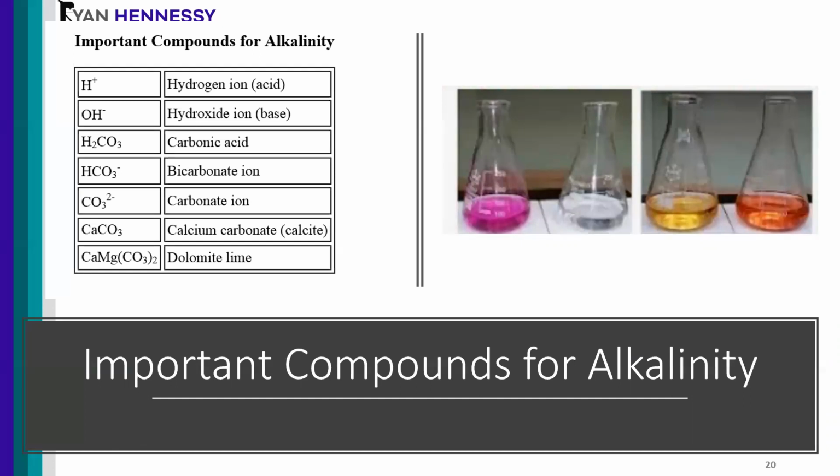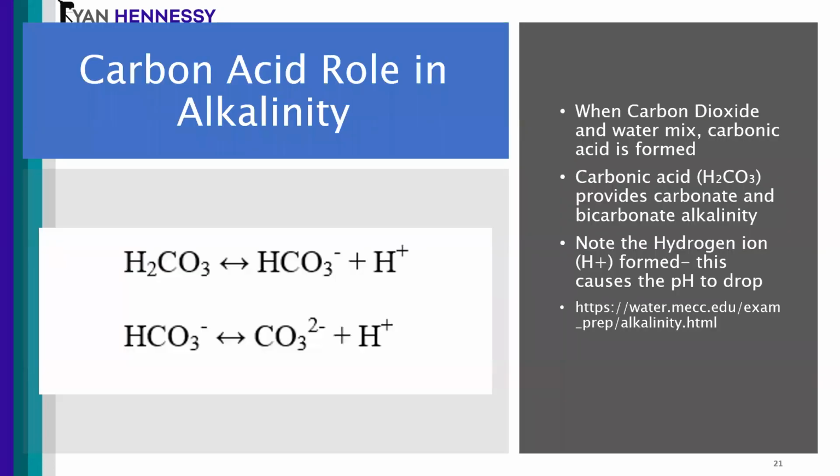Looking at alkalinity, there are a fair amount of important compounds. The hydrogen is going to impact the pH. And then we've got carbonate, bicarbonate, calcium carbonate, other important compounds.